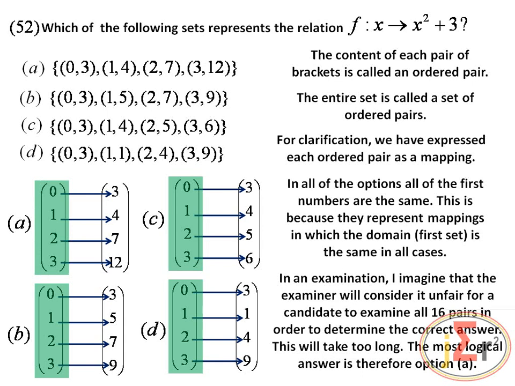The most logical answer is therefore option A. Option A is the most logical answer because there we have a nicely mixed up meal of numbers all over the place. I'm just saying that it might be that the examiners would not want us to check through every single one of them. So the examiner might want to be fair and cause option A to be the correct answer.